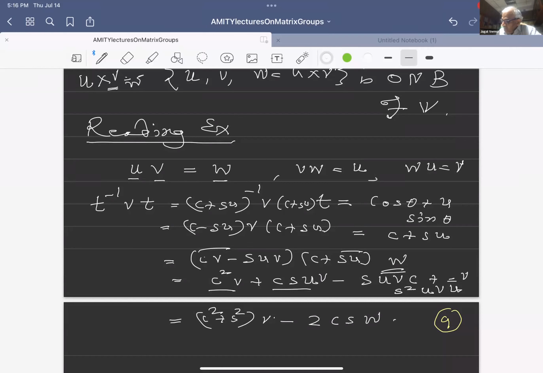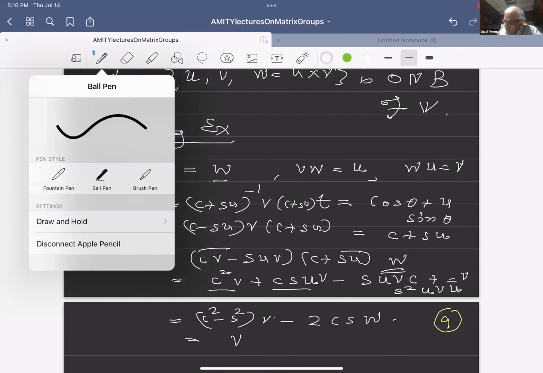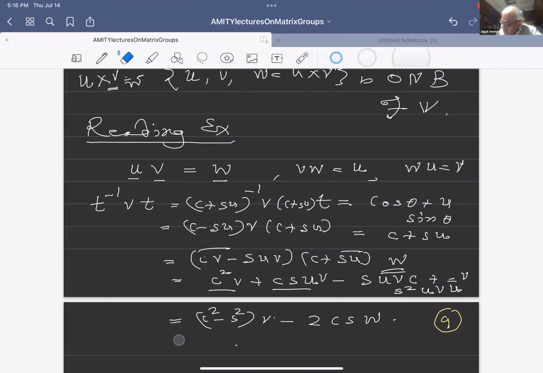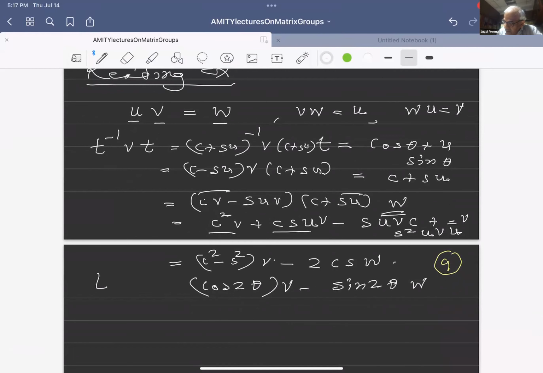UV is W. So this is equal to V times C square minus S square, so this is equal to cos 2 theta V minus sine 2 theta W. So that is my gamma T of V.